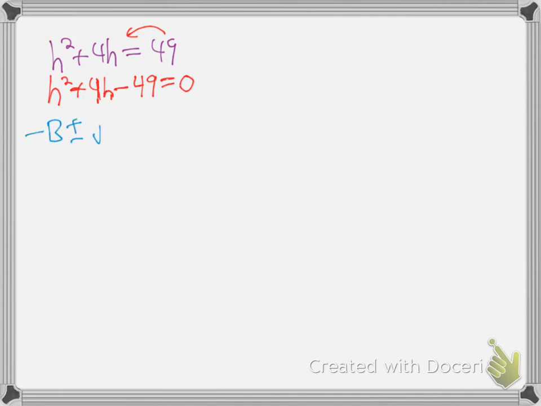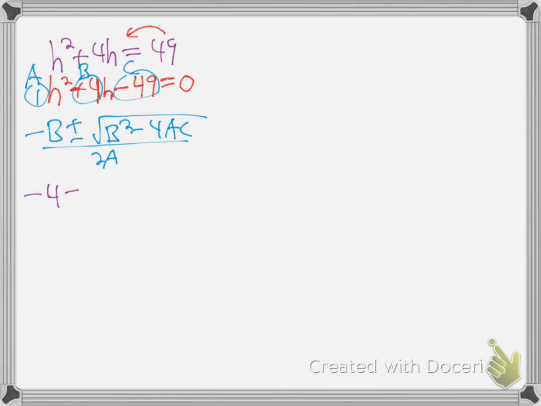Negative b plus or minus square root of b squared minus 4ac all over 2a. So a is 1, b is 4, c is minus 49. Let's plug the stuff in there. Negative b, negative 4, plus or minus the square root of b squared, 4 squared minus 4, times a, times c, all over 2a.